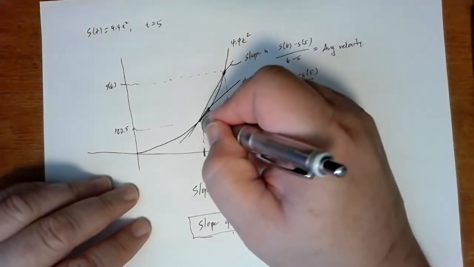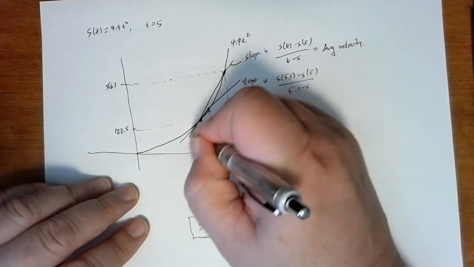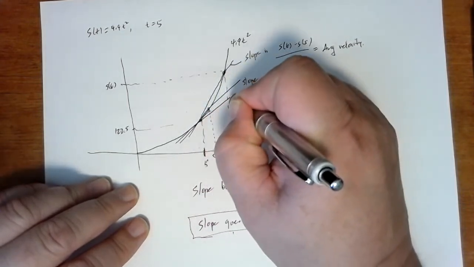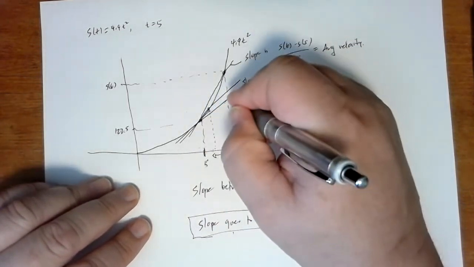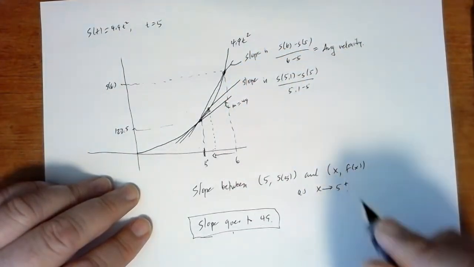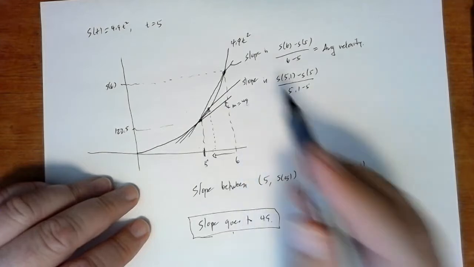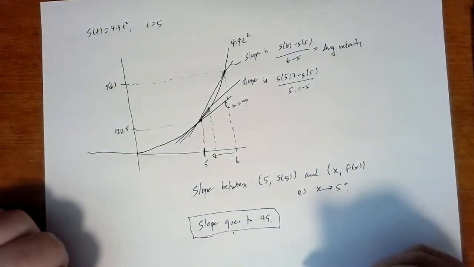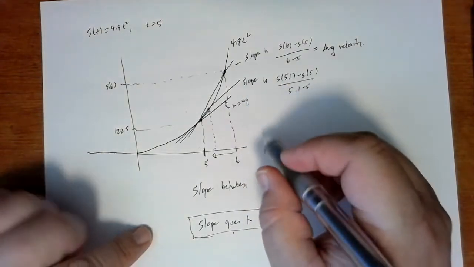And so what we can conclude then graphically is we end up with this line right here that only goes through one point of the curve, and that has a slope of 49. Okay, of course that's very steep, so that's not going to be to scale. Okay, so this is called the tangent line.